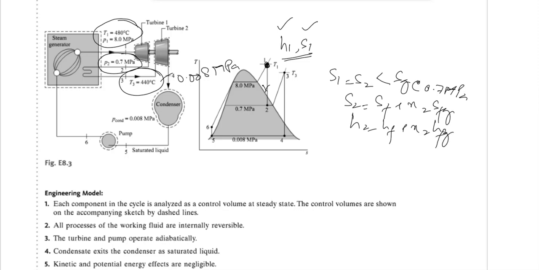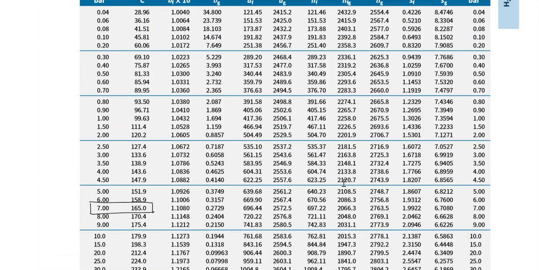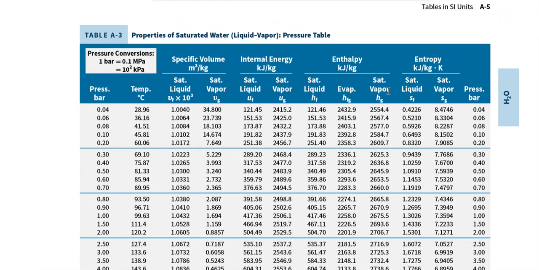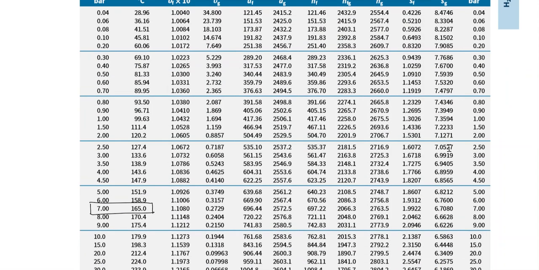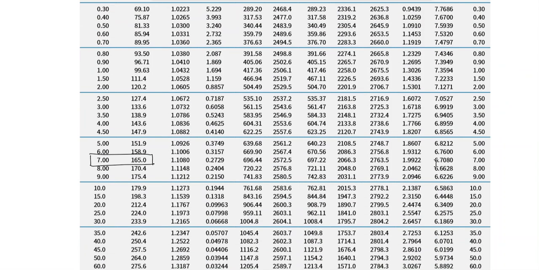So let's check the value of sg at 0.7 megapascal. The entropy of saturated vapor is 6.7080, while in our case at superheat, it was somewhere around 6.6.